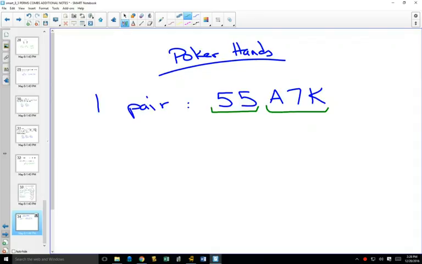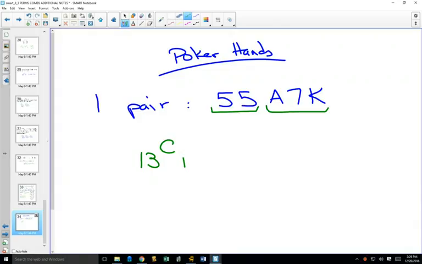So how do we count how many different ways we could get a pair of cards? Well, first of all, how many different numbers are possible in a deck? You could have ace, 2, 3, 4. How many different kinds are there? There's 13. So in counting our pair, we have to choose which of the 13 cards are going to be our pairs. Maybe we have a pair of fives, maybe a pair of 7, maybe a pair of kings.